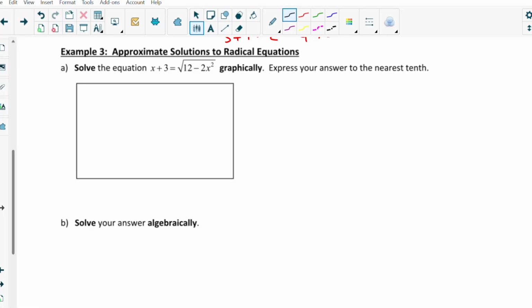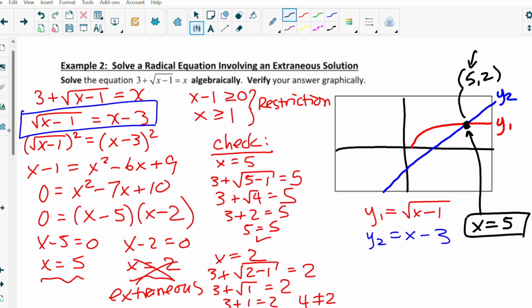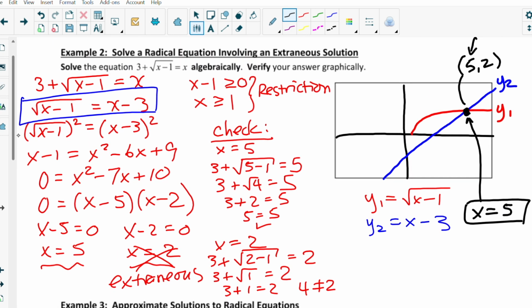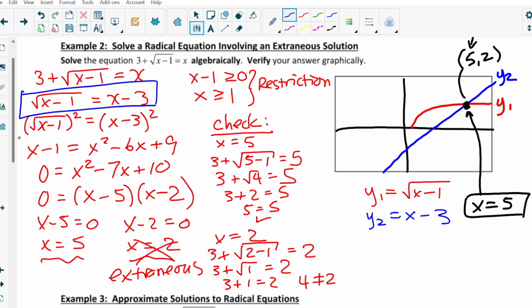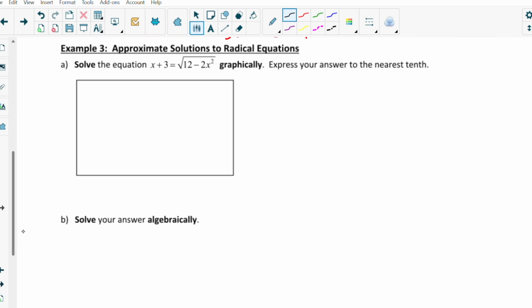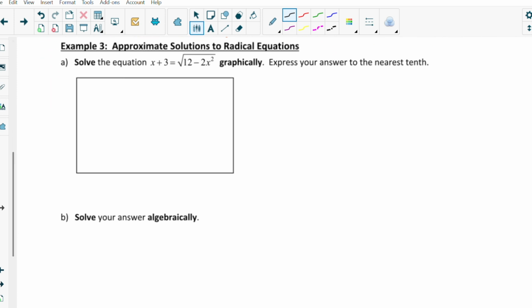Example 3, approximate solutions to radical equations. Just as an aside, this example 2, I'll show you on Desmos that will help you visualize why x equals 2 is not a solution. Okay, let's move to example 3. Approximate solutions to radical equations. Solve the equation x plus 3 equals square root of 12 minus 2x squared graphically.